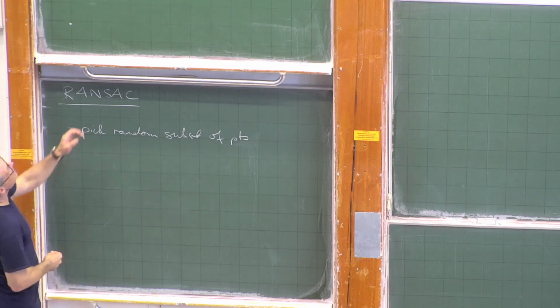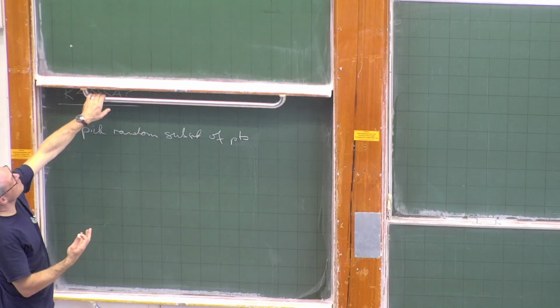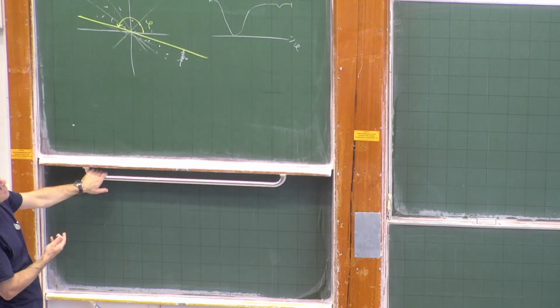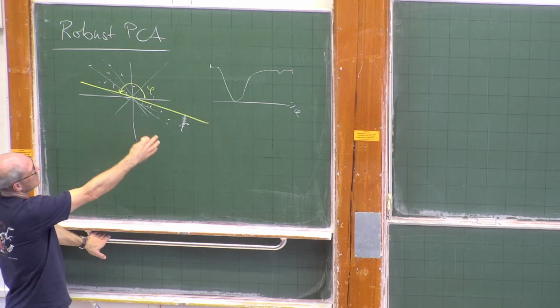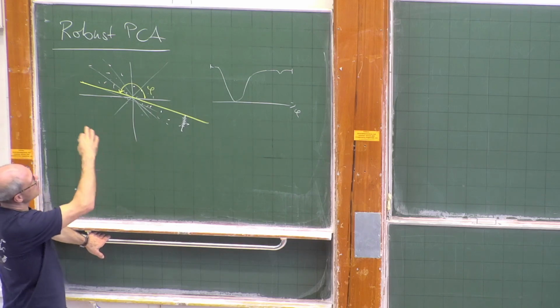In our case, with this random subset of points, we can decide how large it should be.